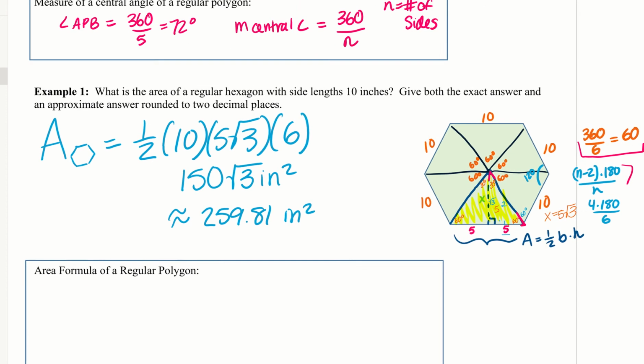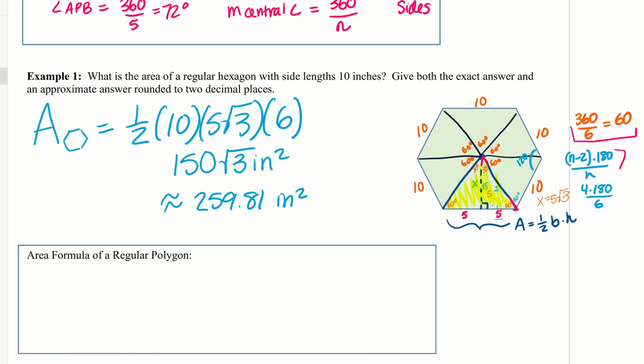All right, so how can we use this information to construct a general formula for a regular polygon shape? Okay, so the area of any regular polygon is going to be the area of a triangle, so 1/2 base times height, where my base is the side of my polygon and my height is my apothem.